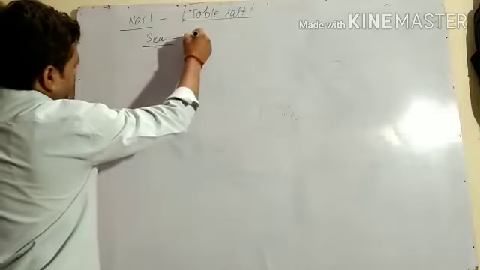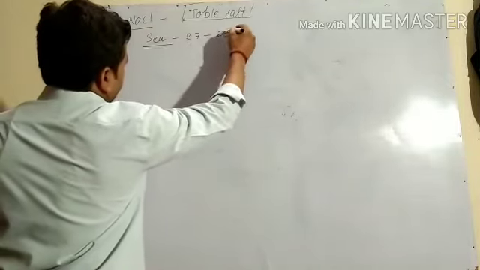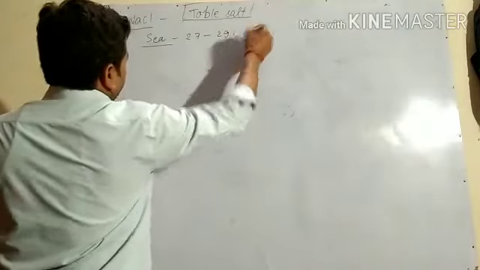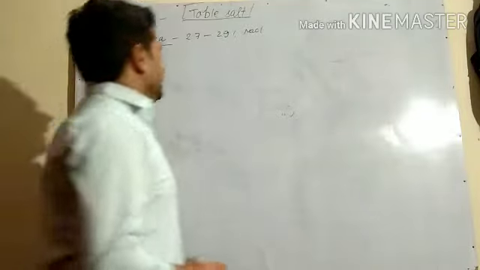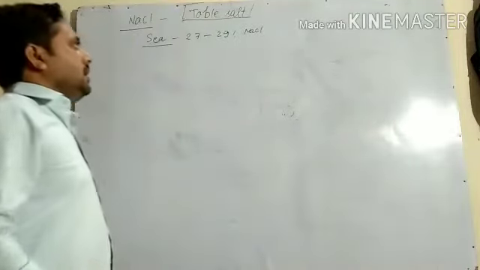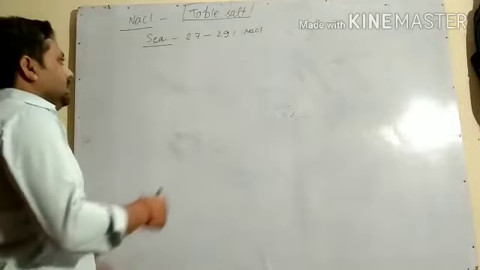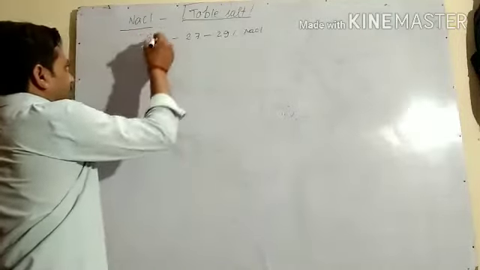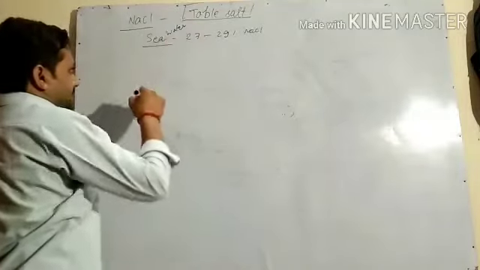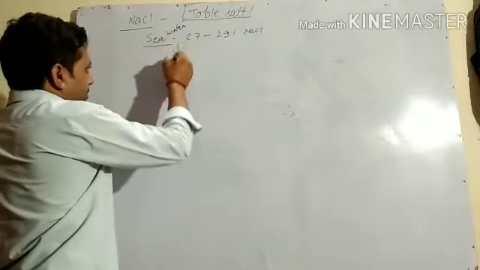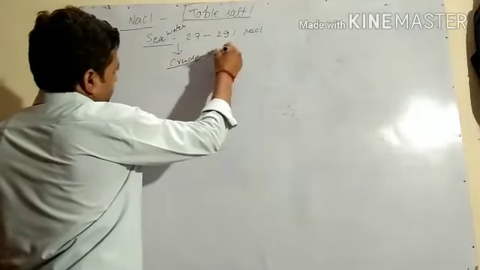Seawater contains 2.7 to 2.9% NaCl. When this seawater is evaporated, it gives crude NaCl.